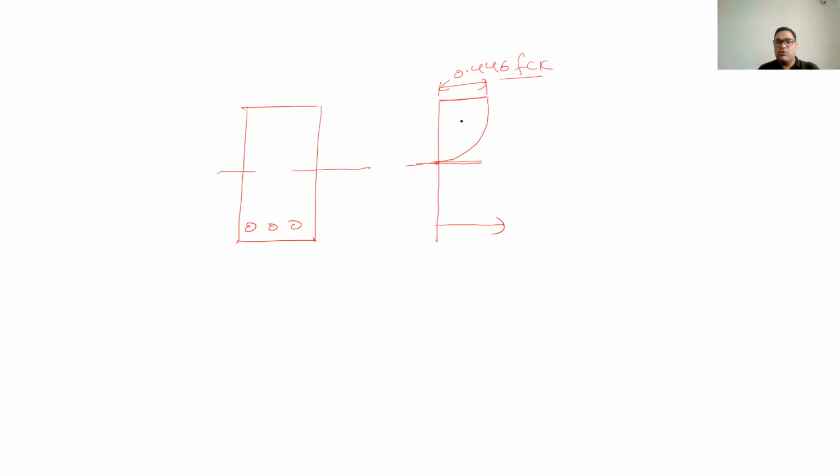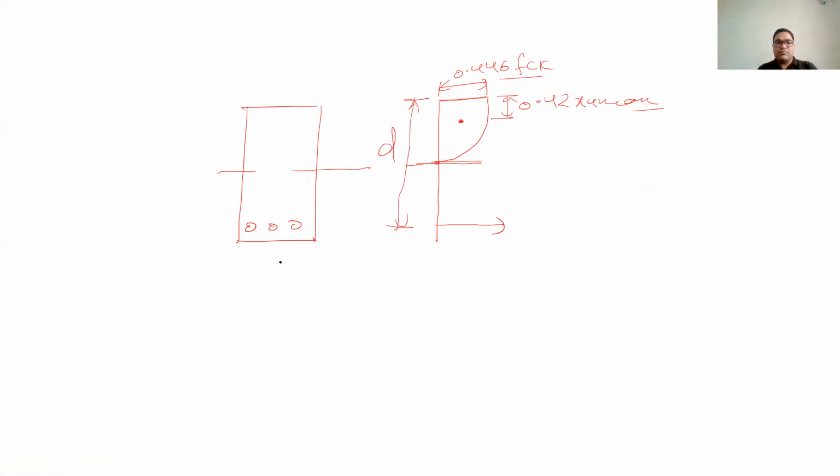The CG of the whole area will be somewhere here, and this distance from the topmost fiber is 0.42 XU max. All these values are basically derived values, so I'm just showing you the derived values. And this value is D.